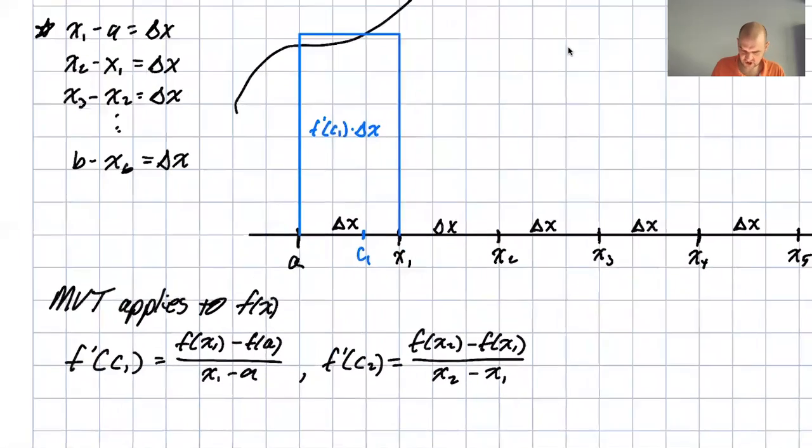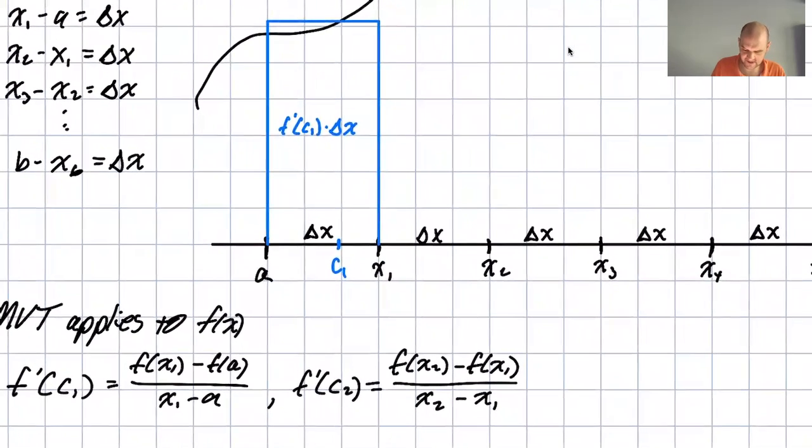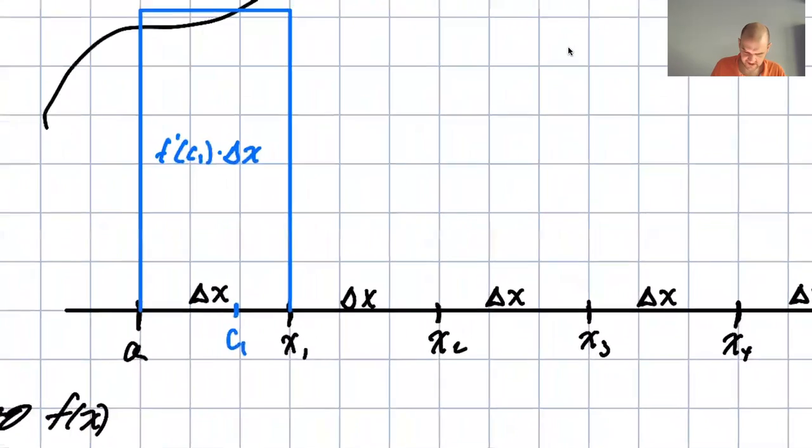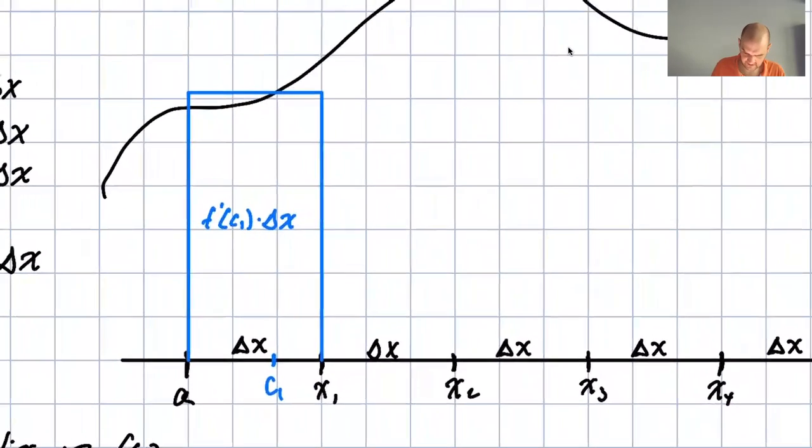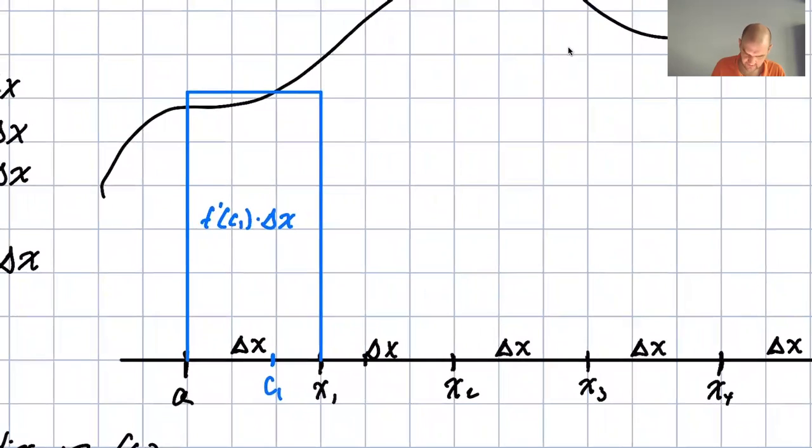So I'm going to choose to put the height of this rectangle at c2. Let's say c2 is here.